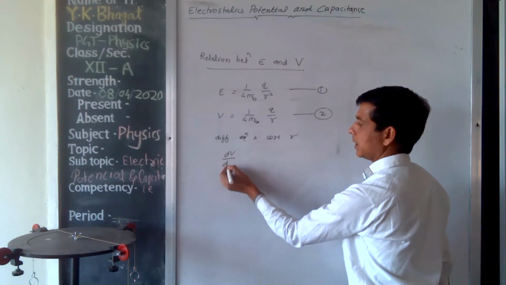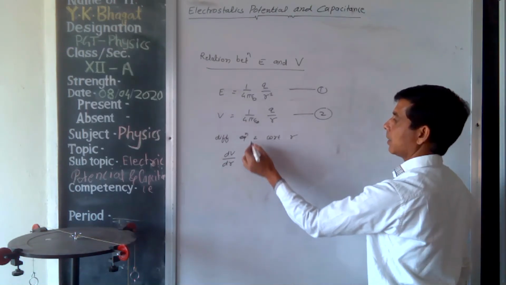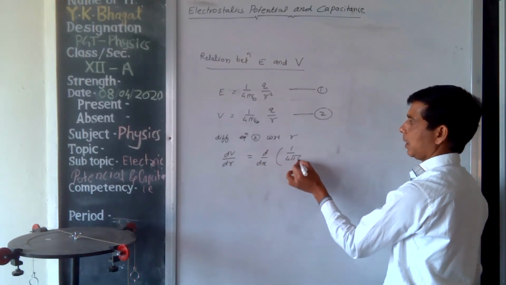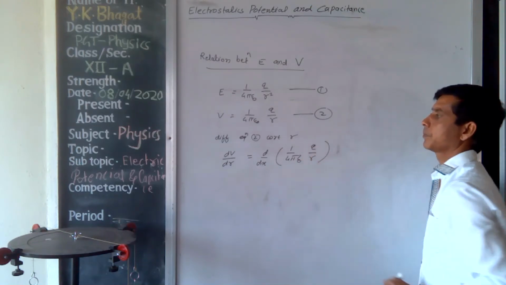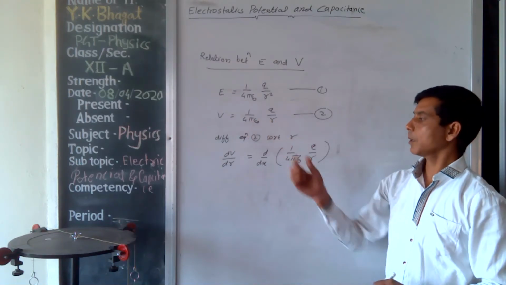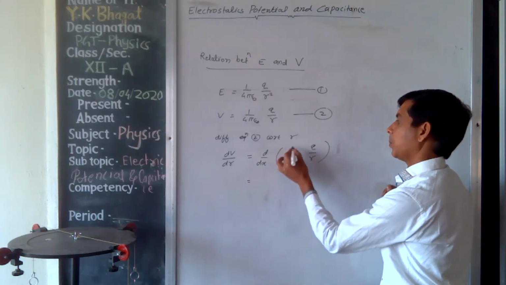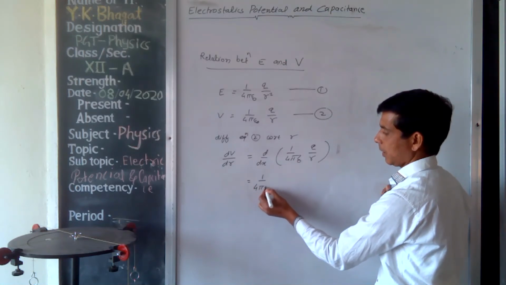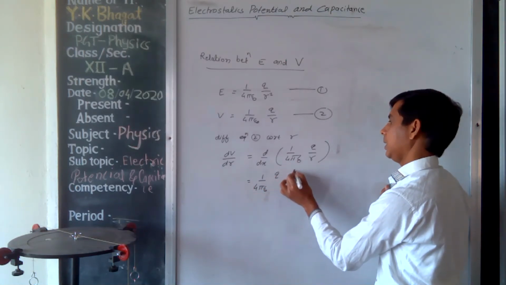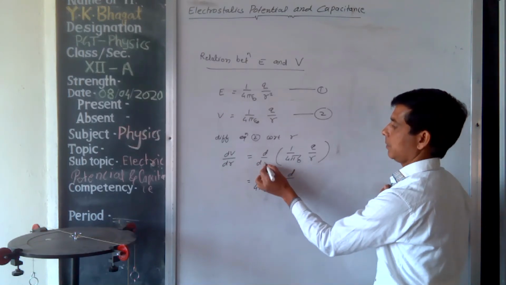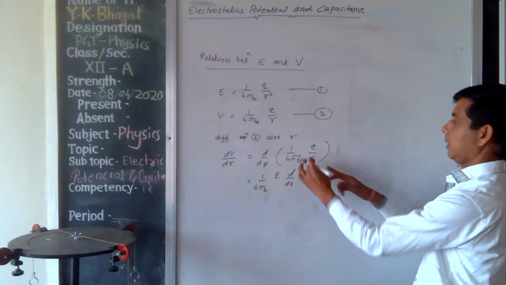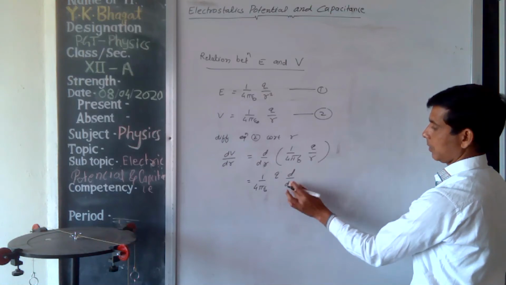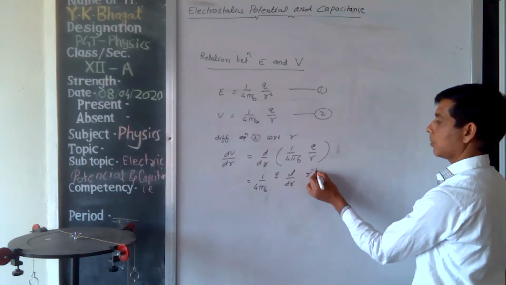So dV upon dr equals d by dr of 1 by 4 pi epsilon naught q upon r. Differentiate with respect to r. 1 upon 4 pi epsilon naught and q taken out. Then it will be 1 upon 4 pi epsilon naught q d by dr of the remaining quantity 1 by r, and 1 by r is taken as r raised to minus 1.